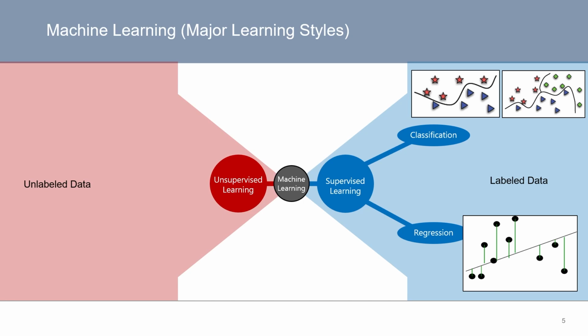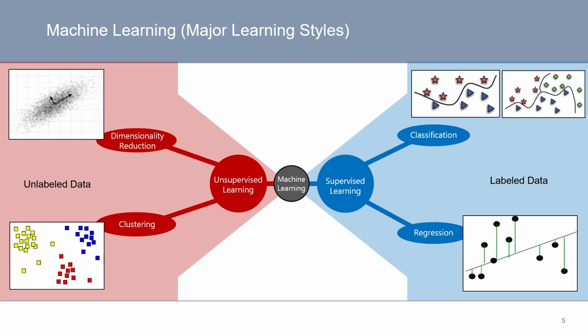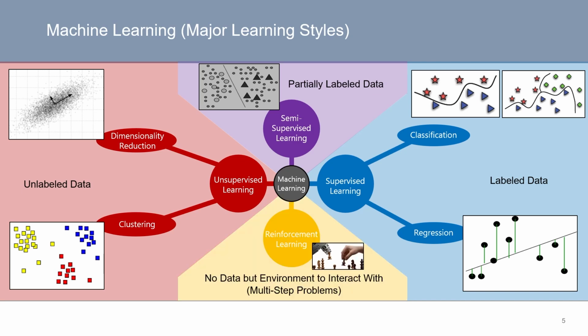Another major branch of machine learning deals with unlabeled data that instead focuses on patterns and relationships among features. Unsupervised learning includes clustering and dimensionality reduction. Another less well-known style is semi-supervised learning, which seeks to make the best of having partially labeled data. And the last major style we'll mention is reinforcement learning.